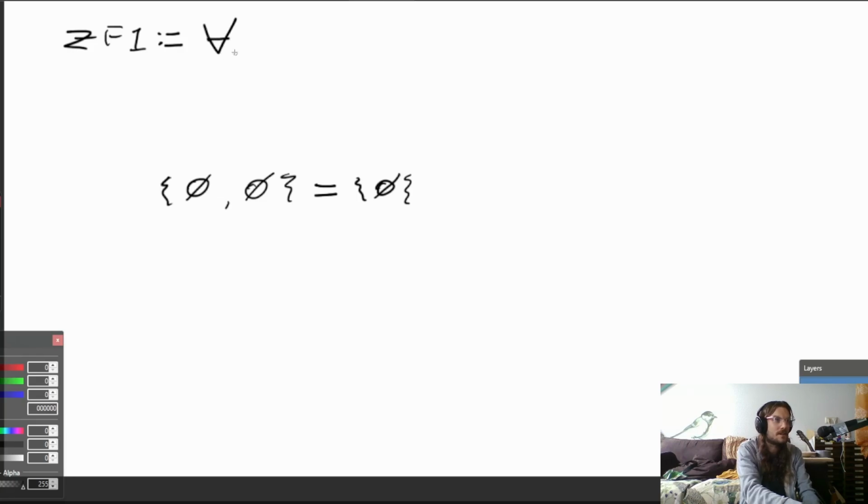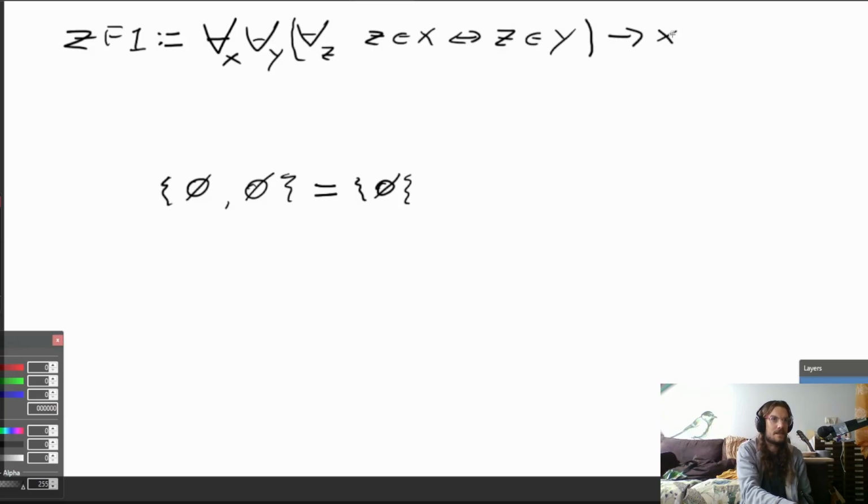And set f1 was: for all x, for all y, for all z, z in x if and only if z in y implies x equals y. And I said that this imparts the equal sign with its meaning. So sets are equal based on this relation, which returns true or false.